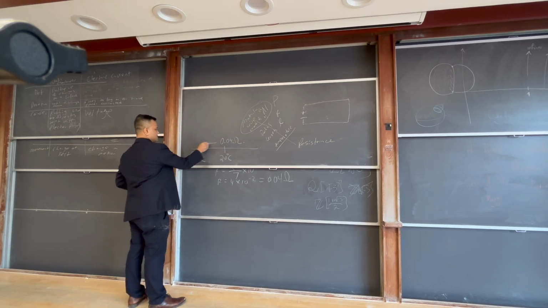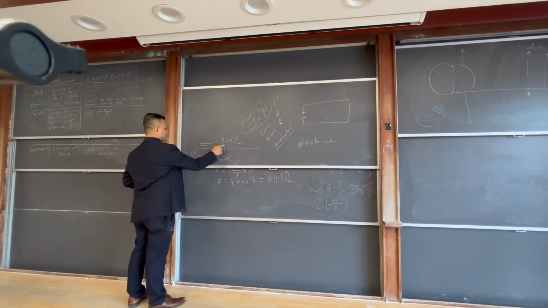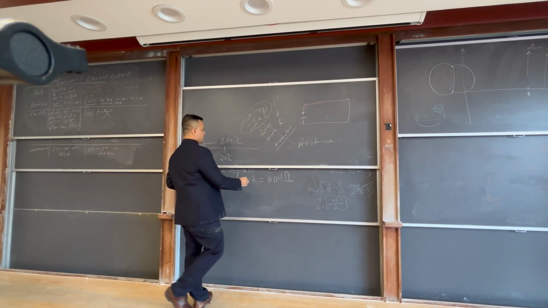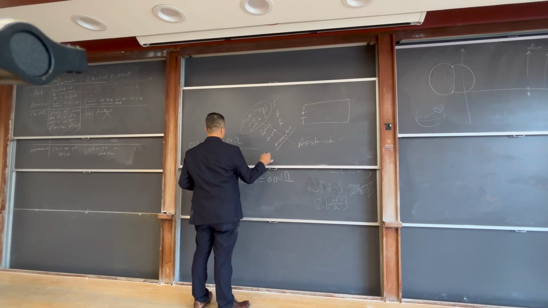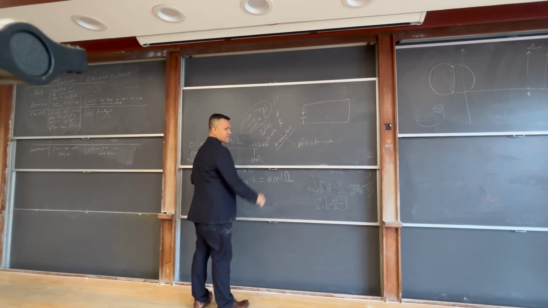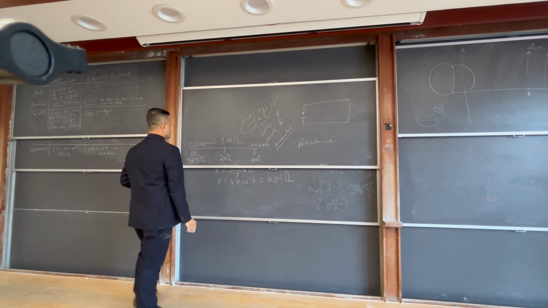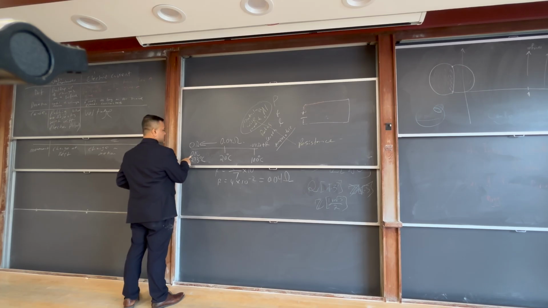If you decrease the temperature, this is going to be 0 ohms. If you increase the temperature, say by 100 degrees Celsius, this is going to be 0.04 plus some additional resistance, and you will never be able to get to 0 Kelvin.